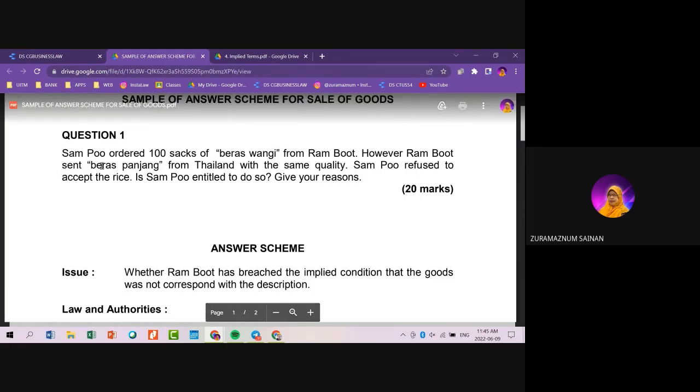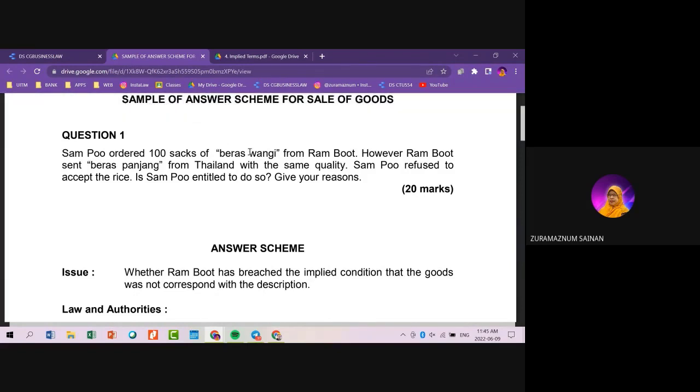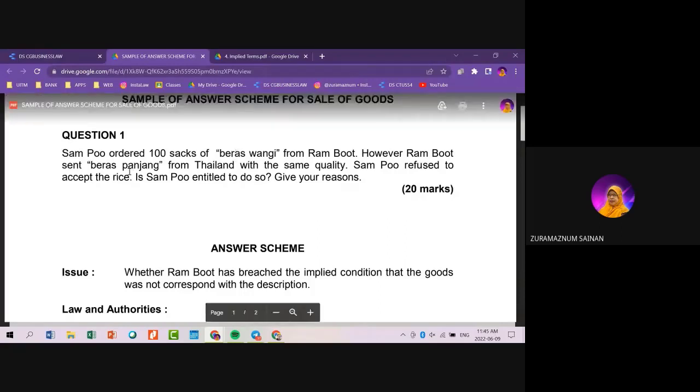So this does not correspond with the description as described, as required, as ordered by the buyer, Sampu. That is the meaning, that is why you give your reason. Why do you say breach? Because it is not the same. What is not the same? This is not the same. So if it is not the same, what happens?